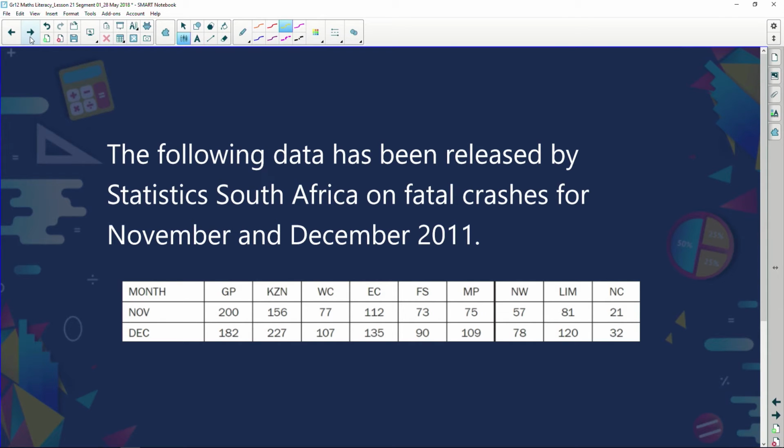For example, in November, Gauteng province, 200 people died on the roads, whereas in the Northwest province, 57 died. In December of 2011 in Gauteng, we had 182 people die on the roads. KwaZulu-Natal, though, had 227 people killed in road accidents.